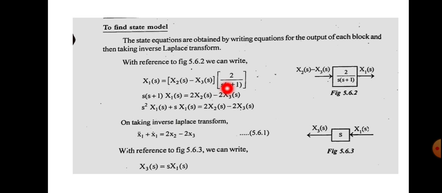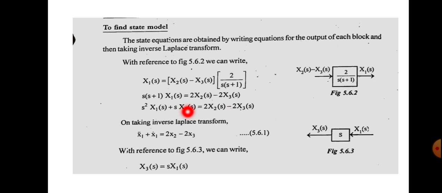That means you can multiply the bracket terms and the denominator can be taken to this side. So you will get the equation as s square into X1 of s plus s into X1 of s equal to 2 into X2 of s minus 2 into X3 of s. Here I am not explaining all the steps because it is simple mathematical procedure, simply multiplying and rearranging the equation, okay?